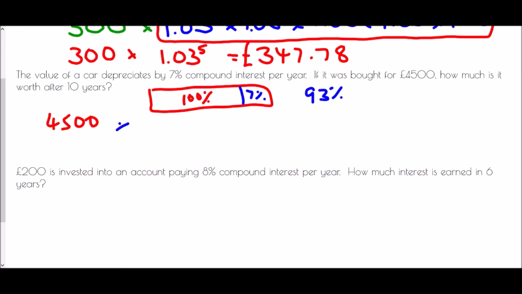And so our multiplier is 0.93. And then in this case again, we could keep timesing by 0.93, 0.93, 0.93, but we would have to write that out 10 times, and so it would be much easier if we just used a power. So let's raise that to the power of 10 and grab a calculator.